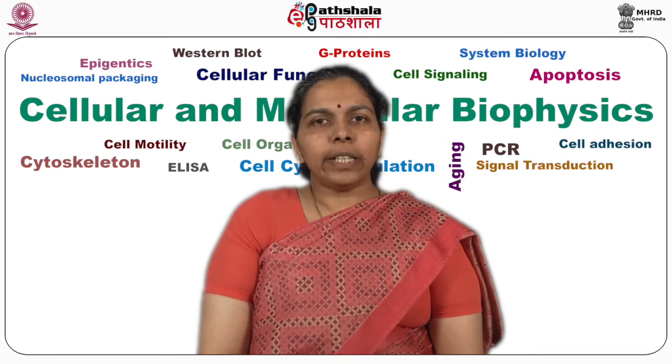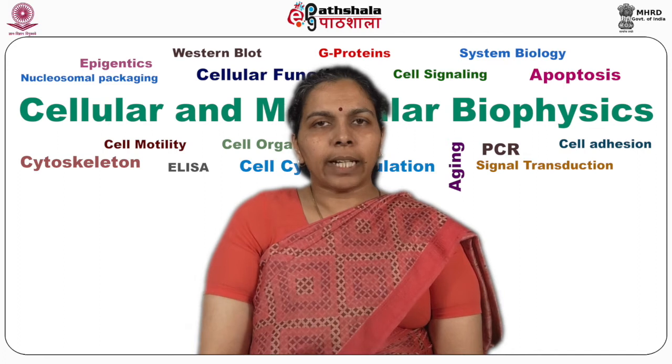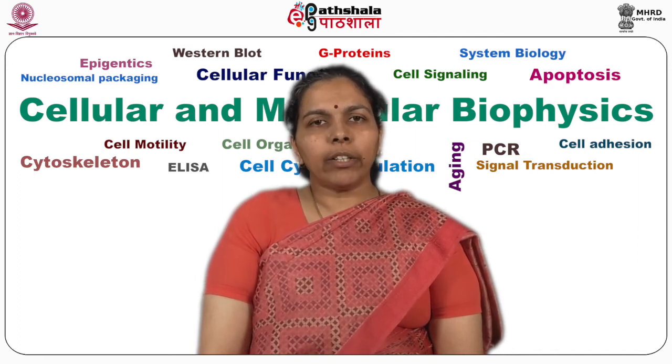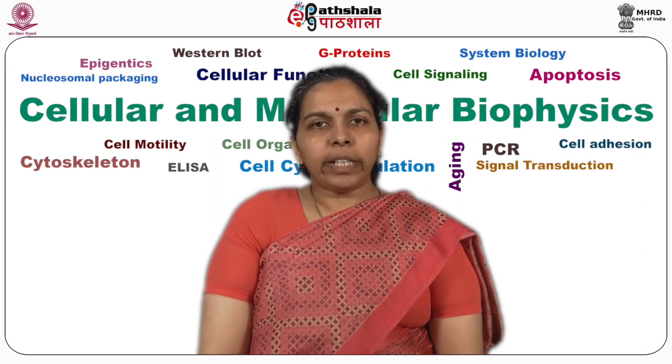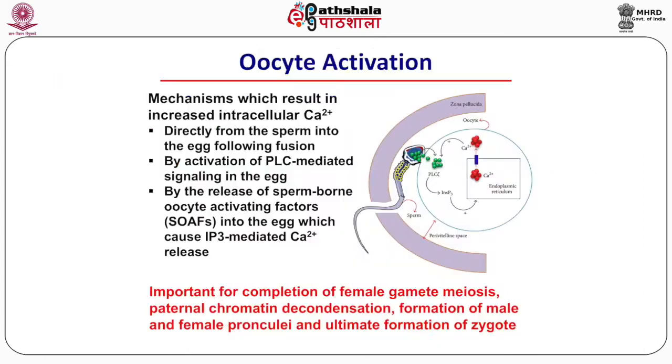Oocyte activation leads to not only completion of the female gamete meiosis, that is extrusion of the second polar body, but also it is required for decondensation of the paternal chromatin, because the sperm chromatin is highly condensed so as to minimize its size. So here the proteins which were bound to the DNA in the sperm are released.